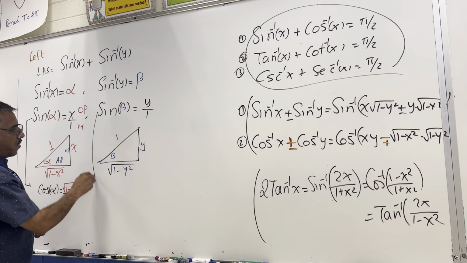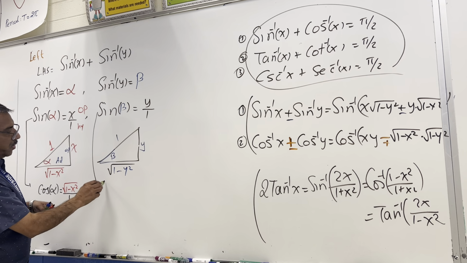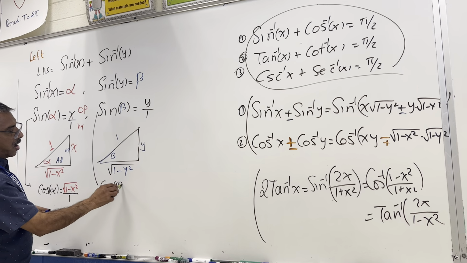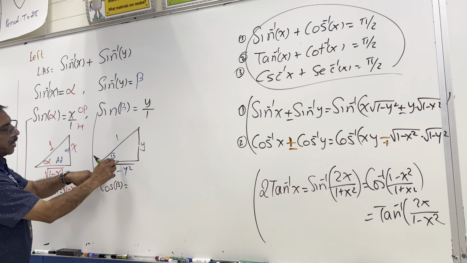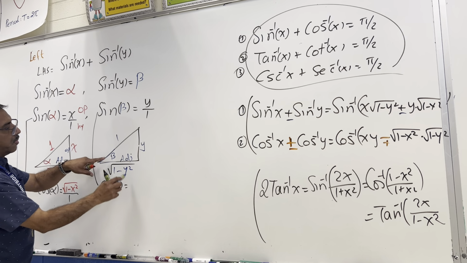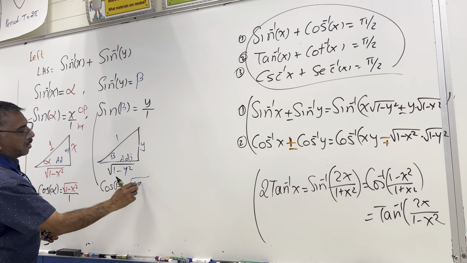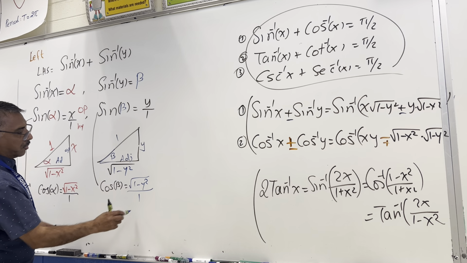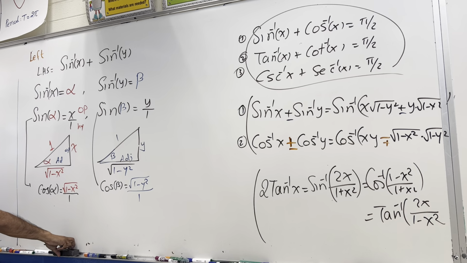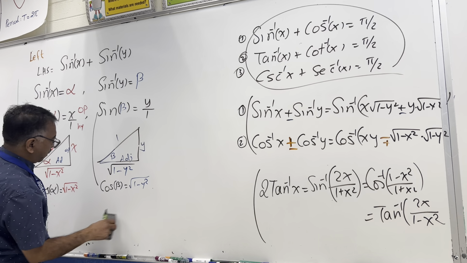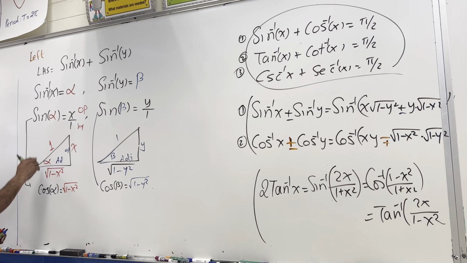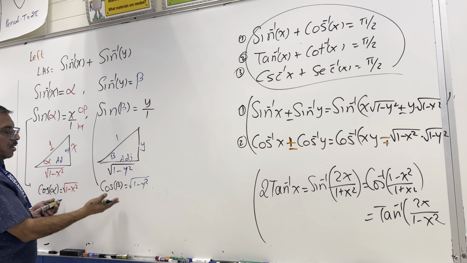In this case, from here you can write sine beta. So what is cosine of beta? Cosine of beta is this one, the adjacent for the beta angle: square root of 1 minus y squared, over 1. Now if it is divided by 1, I don't even have to write it. So this is sine alpha, cosine alpha, sine beta, cosine beta.